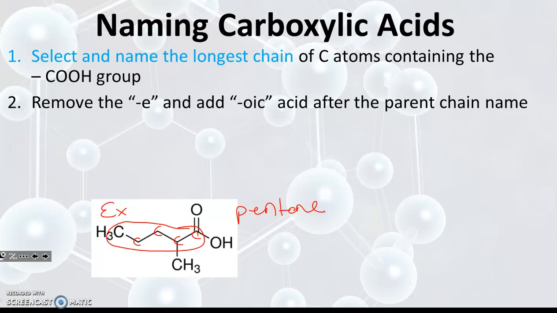Then my second step to name this from the alkane, to add the carboxyl on, is I get rid of this E ending, and so this becomes pentanoic acid.